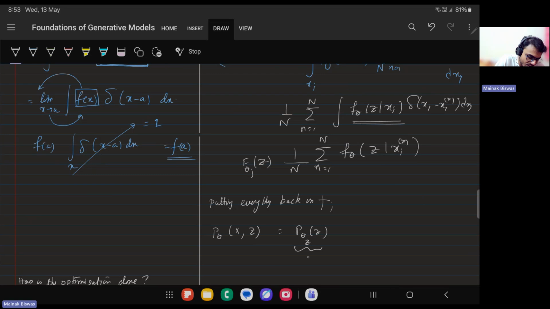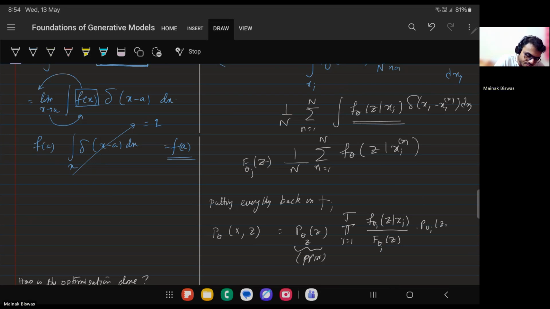This is the prior. Again, writing the prior, it could be a uniform distribution, anything you want, times the product over j equal to 1 to j of f theta of z given xj by f theta of z. It could be different networks as well.